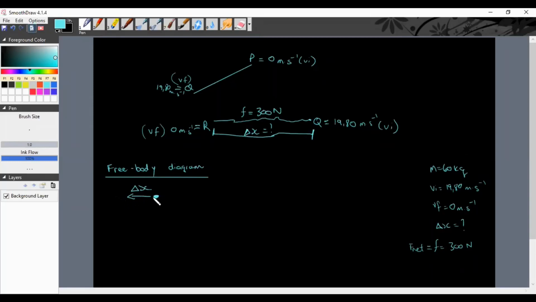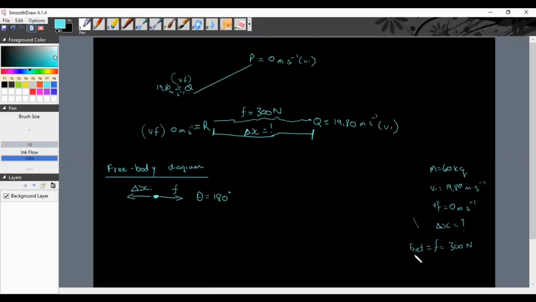In other words, he's going from point Q to point R. Friction is going in the opposite direction, which is that way. This forms an angle theta of 180 degrees. Now, an important thing that I've denoted here is that over this stretch from point Q to point R, the only force that is active here is my friction.